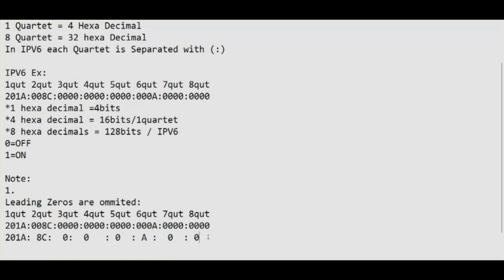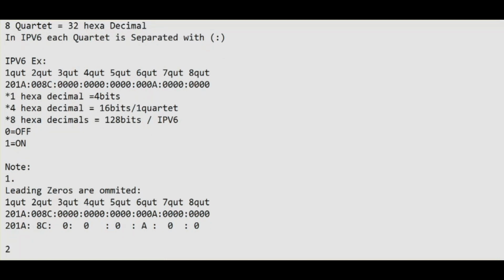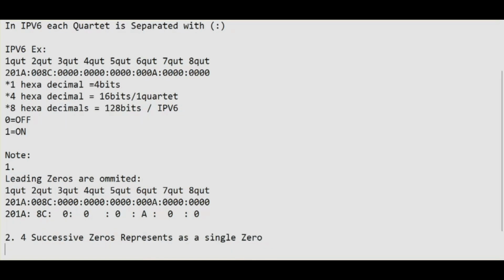And now I'll give my second point. Four successive zeros are represented as a single zero.